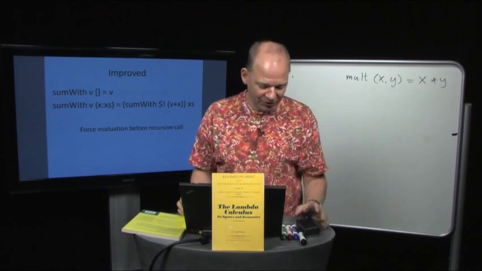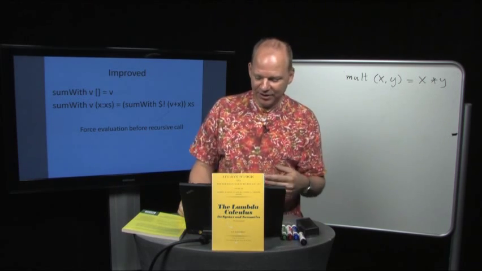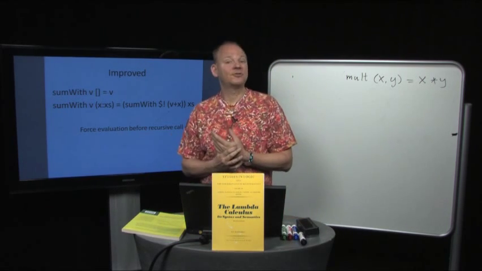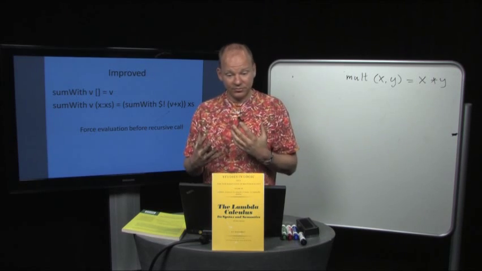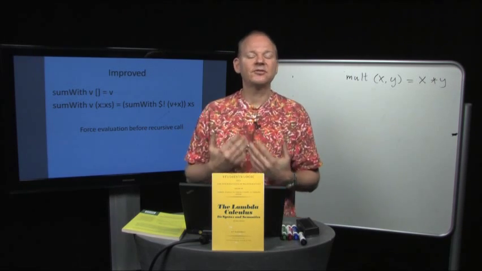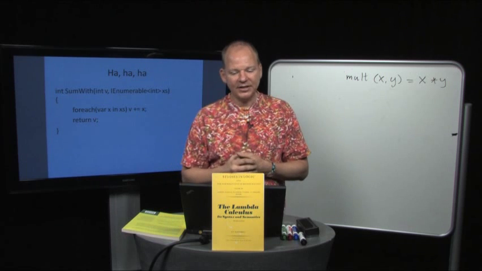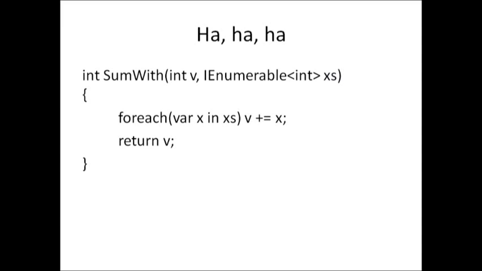Now, as an imperative programmer, it's kind of funny that we had to jump through so many hoops to write an efficient version of just summing up the elements of a list, because in C#, you just write this loop, you do a foreach, and you just have your local variable.